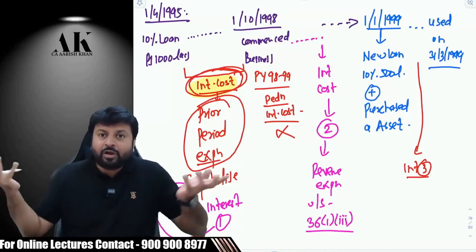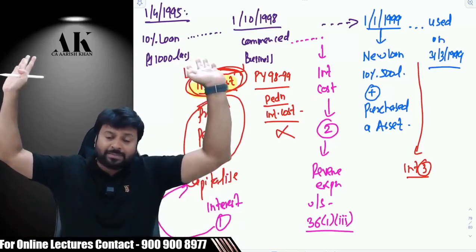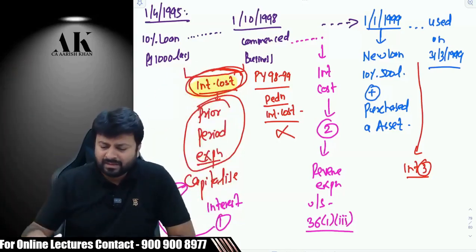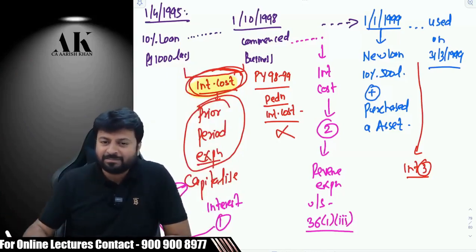So you will say that because the business is commenced, now you can take that expense as an interest expense, as a P&L expense, right? Yes or no? But what does your heart say? It should be expense, or it should be capitalized to the cost of asset. That is what you do in accounts also.